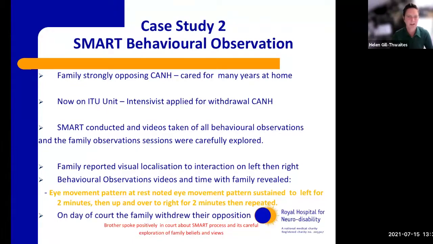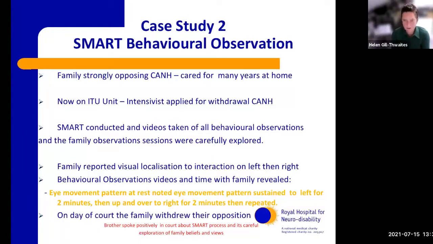Okay, so case study 2 is another example of where the SMART behavioural observation programme was very useful. It was a case that went to the Royal Courts, and the family were very strongly opposed to clinically assisted nutrition and hydration being removed.